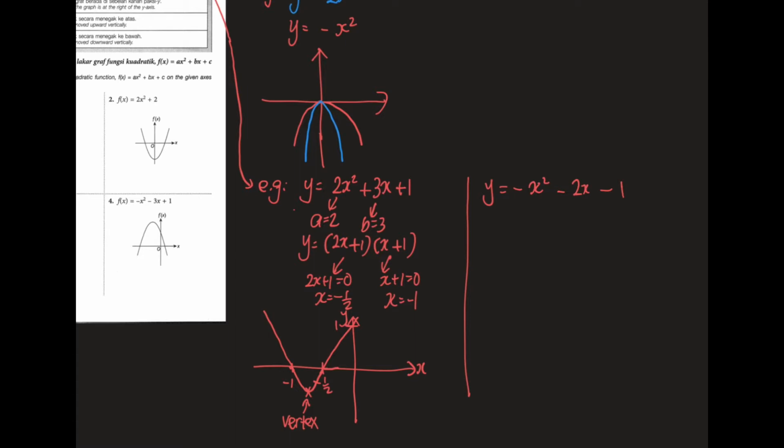Okay, let me check the calculator. I'm trying to create an example that can factorize. So let me see whether I can factorize this or not. Okay, so it's negative 1, negative 2, negative 1.